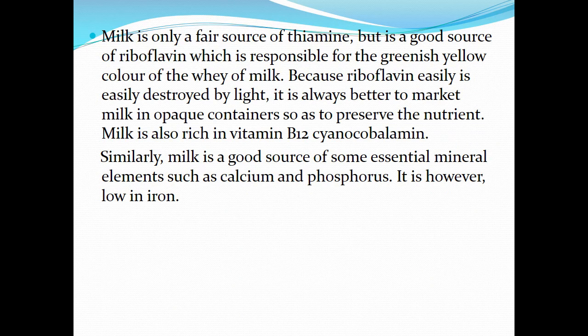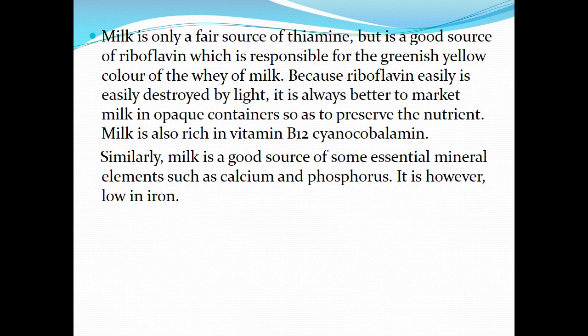Milk is only a fair source of thiamine, but is a good source of riboflavin, which is responsible for the greenish yellow color of the whey of milk. Because riboflavin is easily destroyed by light, it is always better to market milk in opaque containers so as to preserve the nutrients.